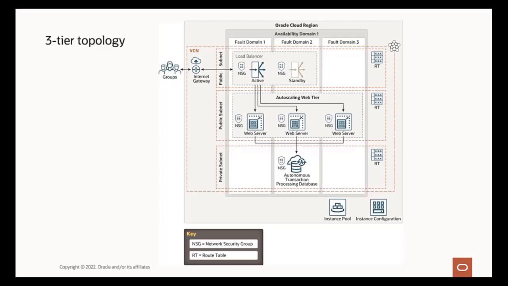Now, if you want to talk about what we do at the subnet level, that'd be a security list. And a security list will allow us to put rules around our public and private subnets. Something to keep in mind as we're building this out is NSGs and security lists are looked at as a whole.